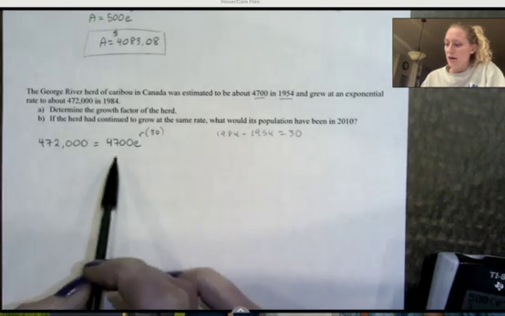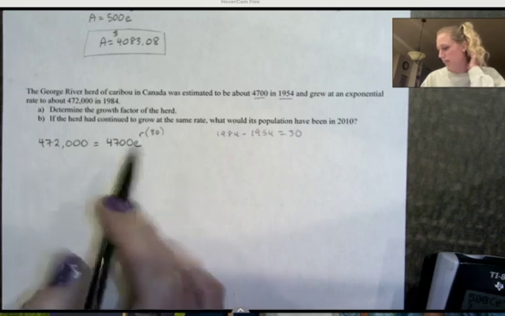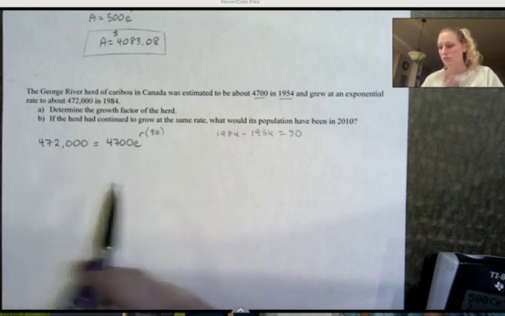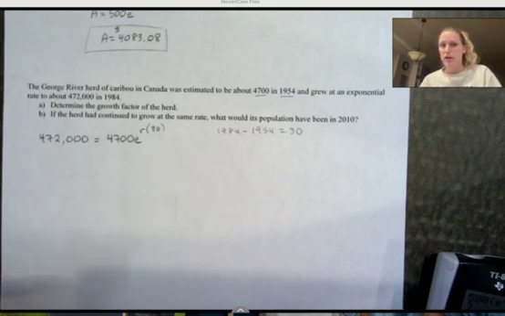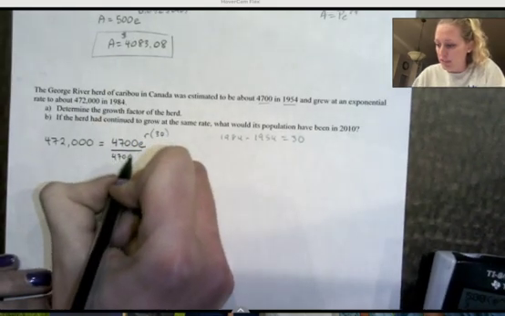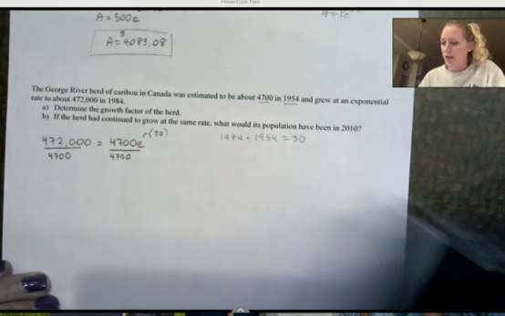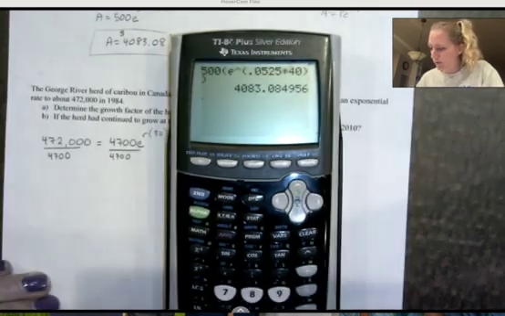I am now going to solve this for r. First, I want to get the exponential piece by itself, the e raised to the 30r. In order to do that, I need to first get rid of this 4,700, so we're going to divide. You can leave it as a fraction right now, or we can do the division. Let's see if it works out nicely.